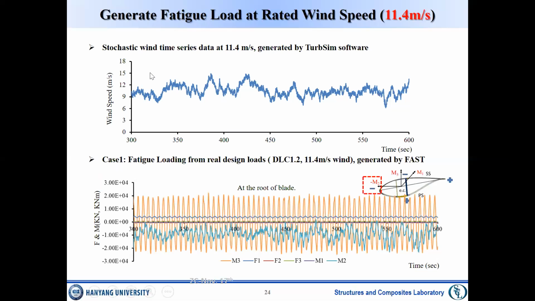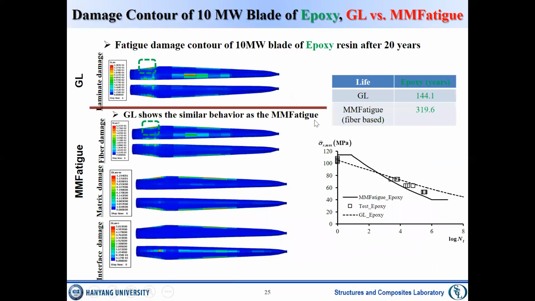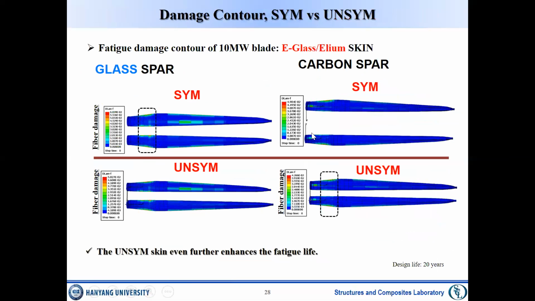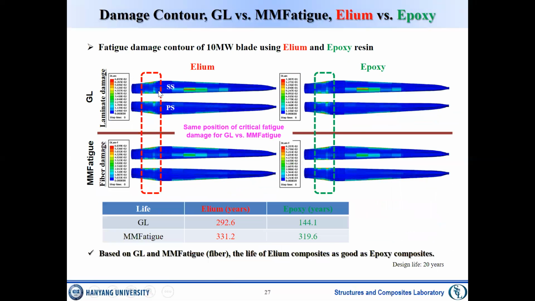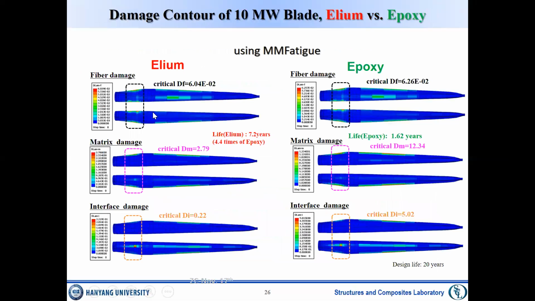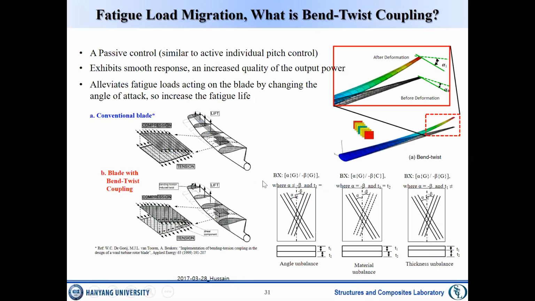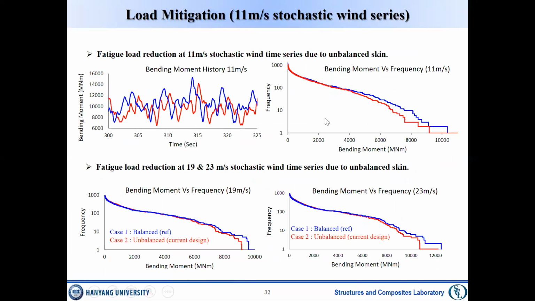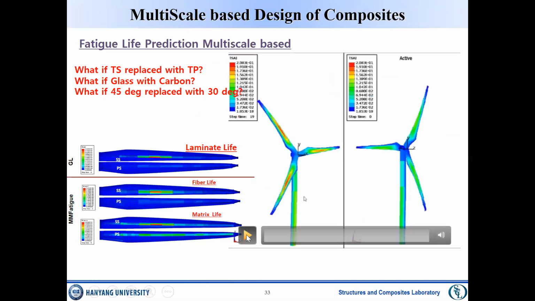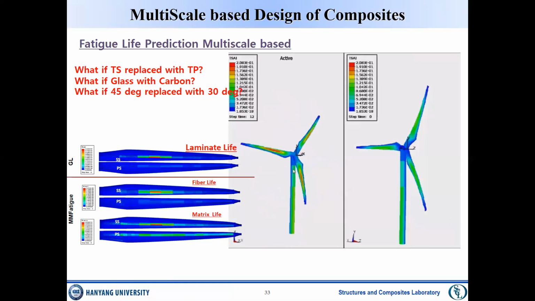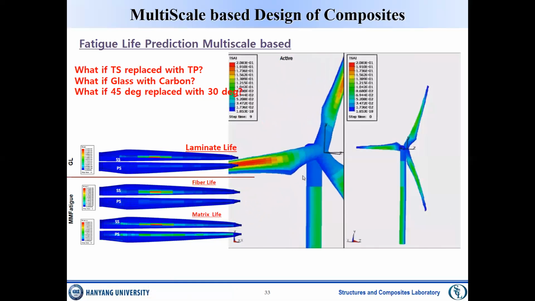So all random fatigue load, and as you can see, we consider all failure index and deflections, and a little more. We do consider the real condition, when it flies, I mean, when wind comes in.